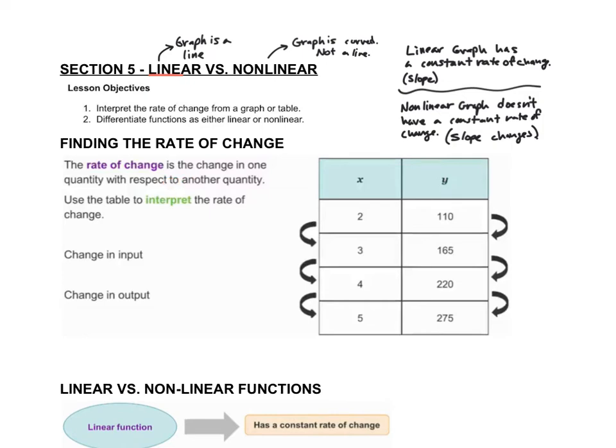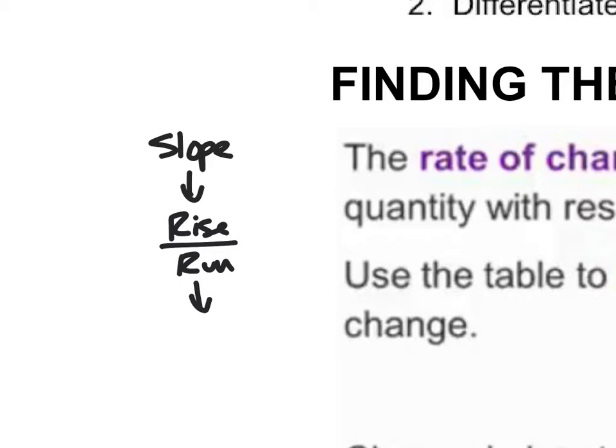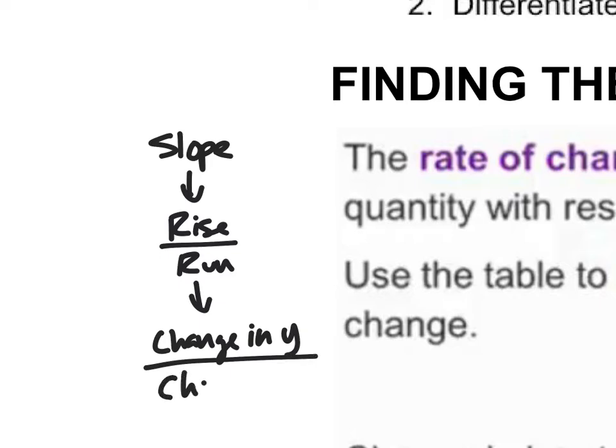Slope is the same thing as rise over run, which is the same thing as the change in y divided by the change in x.